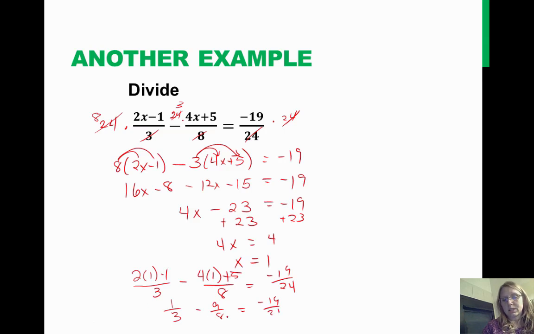If we get a common denominator on this side, we want 24 to be our common denominator. I need to multiply this one by 8 and this one by 3. That would give me 8 over 24 minus 27 over 24 equals negative 19 over 24, and that does work out. We have negative 19 on both sides. So x equals 1 is definitely our answer here.